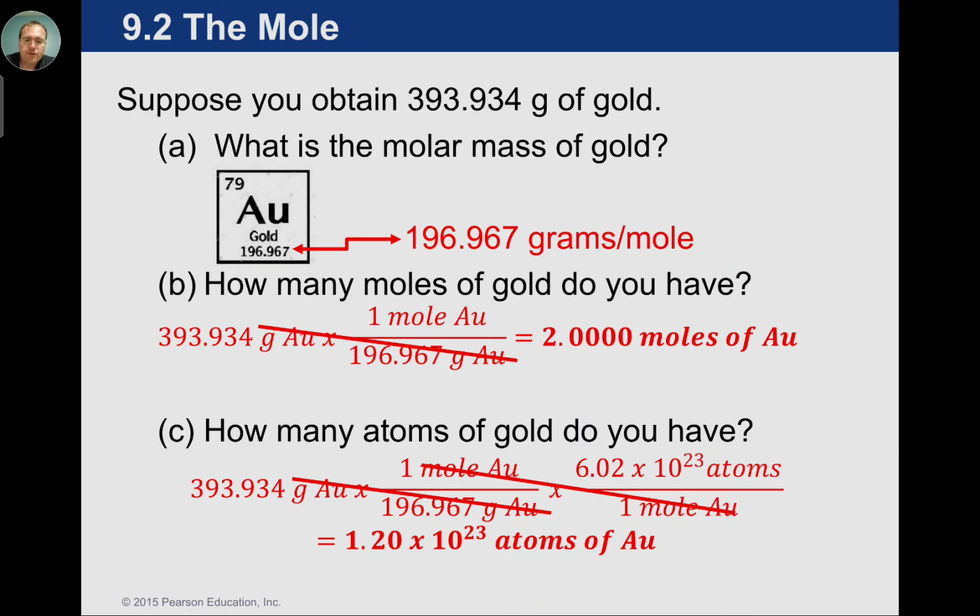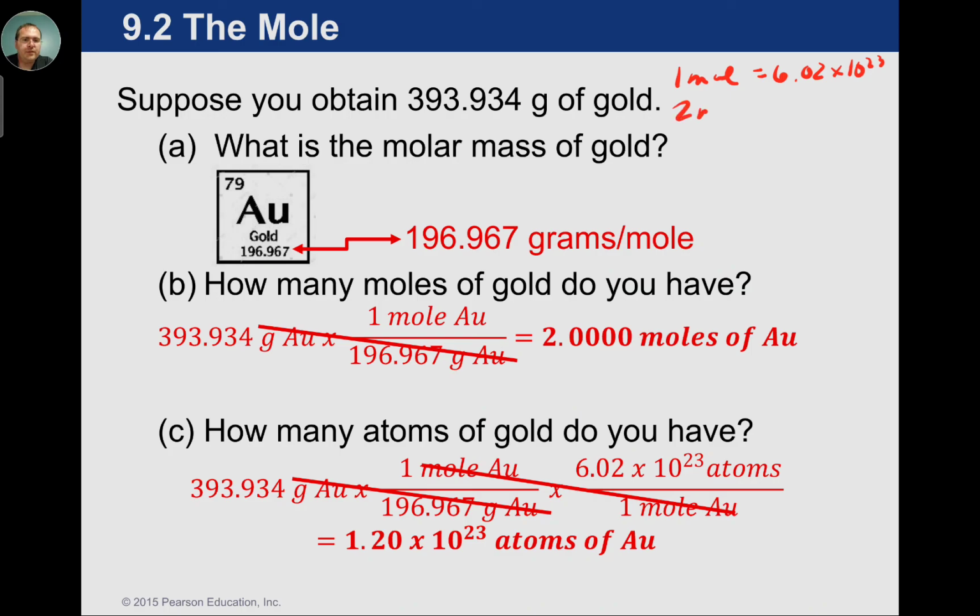That's an important feature of Avogadro's number. Notice those mole kinds of concepts. If we look at multiples of Avogadro's number, we can see that 1 mole is 6.02 times 10 to the 23rd.